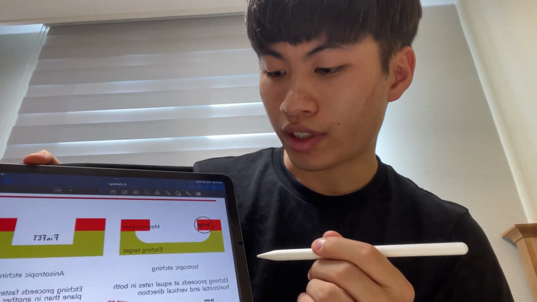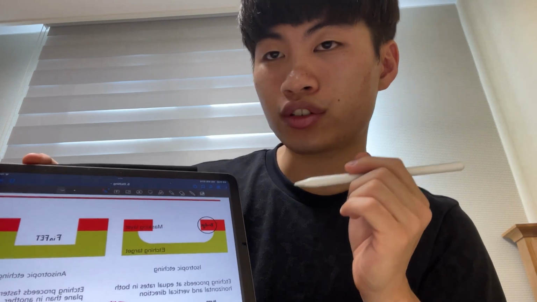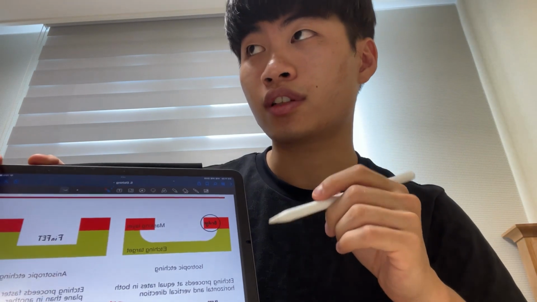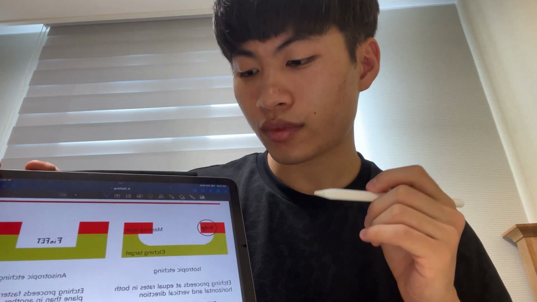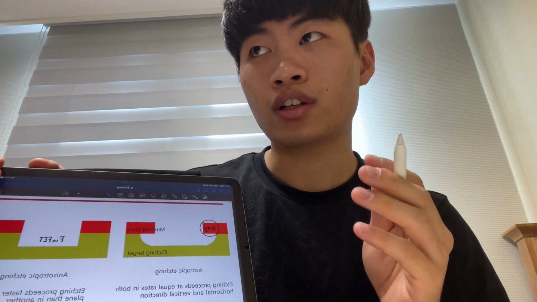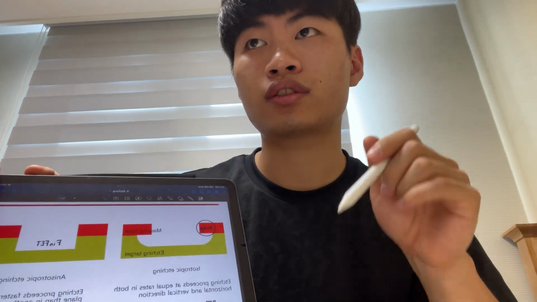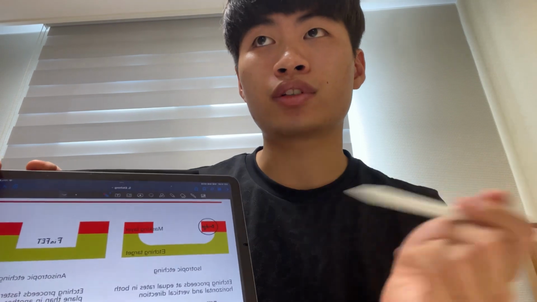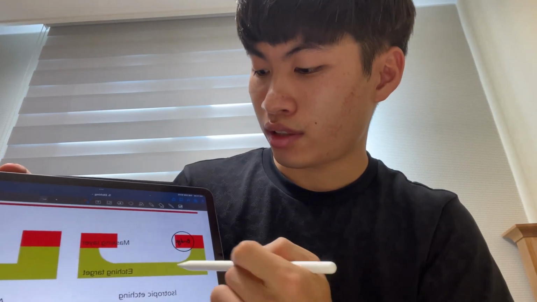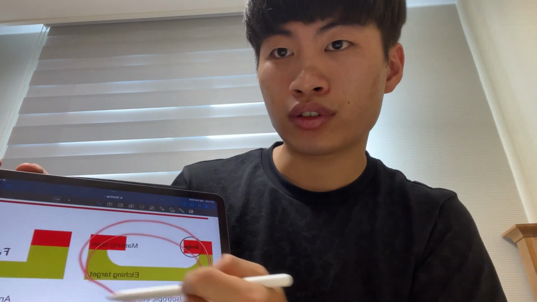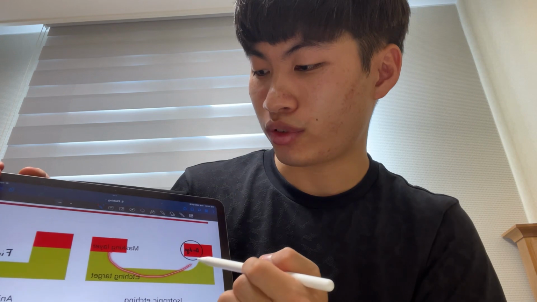If the etch process has equal rates in the horizontal direction and the vertical direction, the material looks like these round patterns.